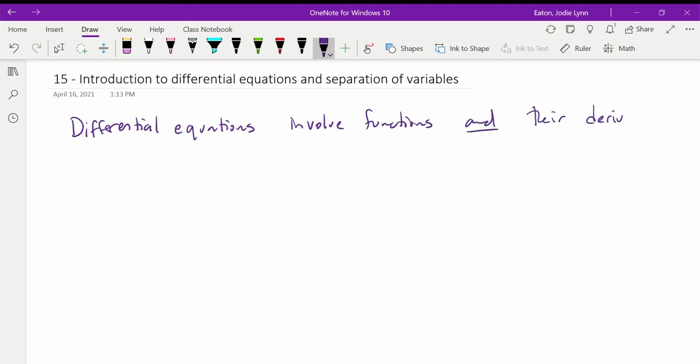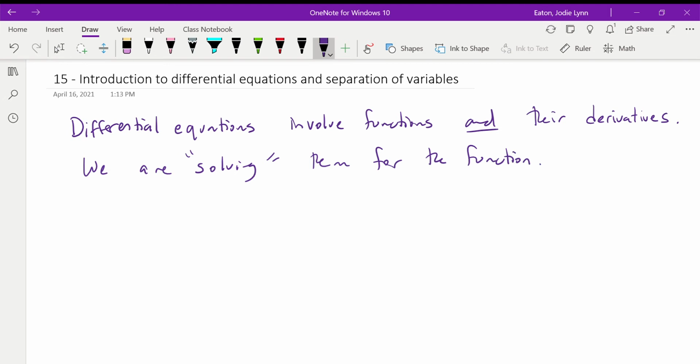Chances are we've probably worked with a few differential equations already. Generally what we are doing with a differential equation is we're trying to solve it for the function, to get back to the function if we know what the derivative is.